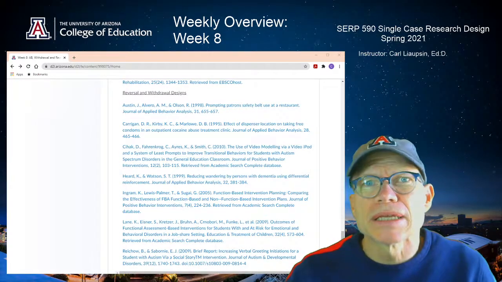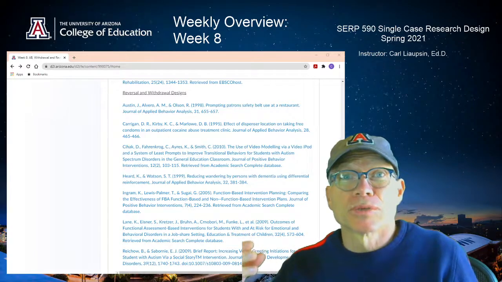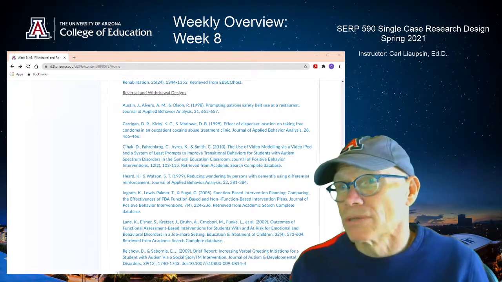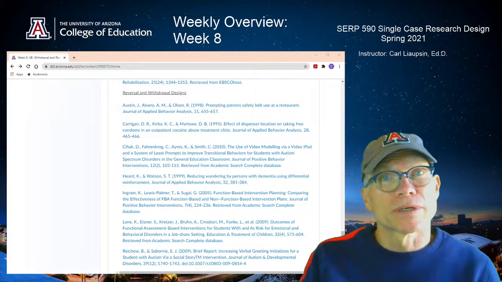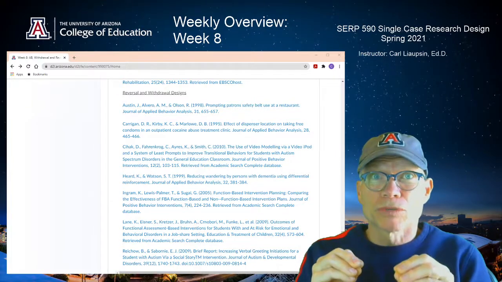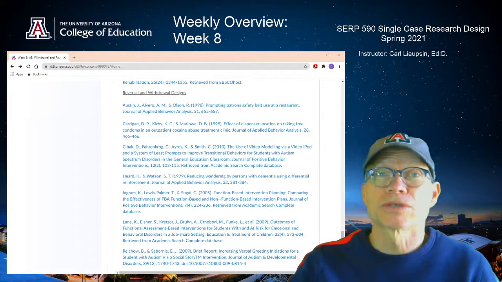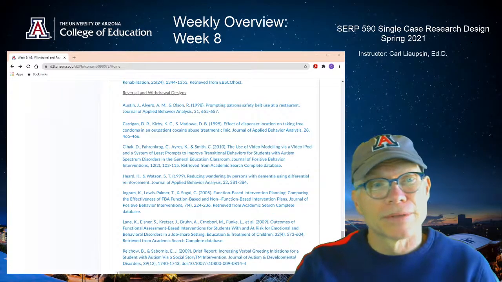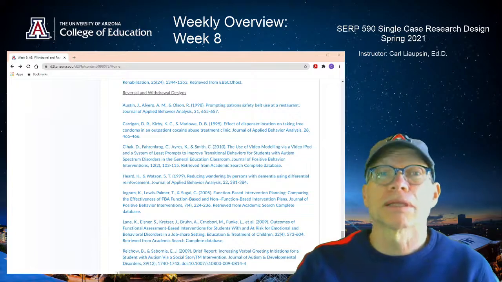Pick some to read because they look weird. I made sure I include weird ones. Make sure maybe that you read one that uses participants that are like your participants. Maybe there are some of you who are choosing research questions where you're using social stories. There's a social story example here. There is one example of video modeling.